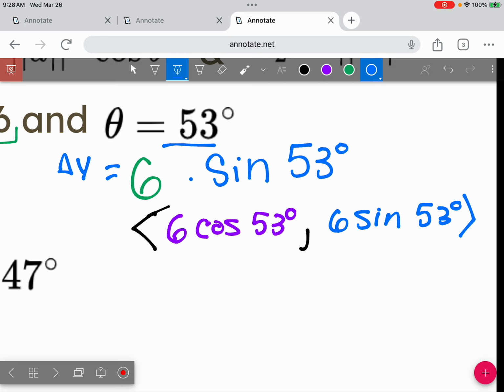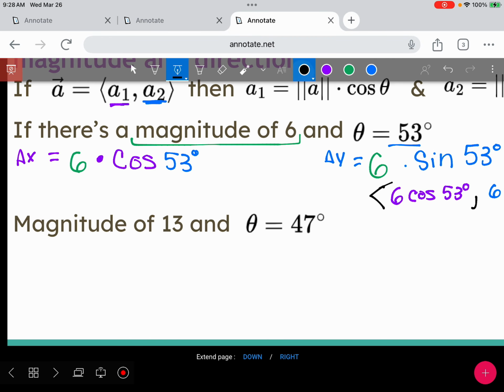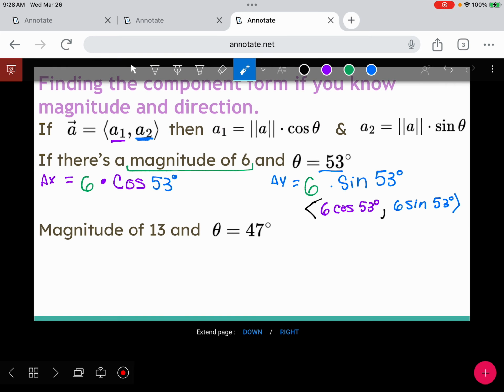Okay, same kind of vibe for the bottom one. Trying to write it as a vector if we know the magnitude is 13 and the angle is 47 degrees. We're going to wind up with our change in x's. That's where we get our magnitude times the cosine, and our y's are going to be the magnitude times the sine.